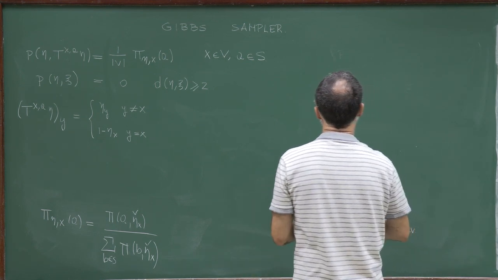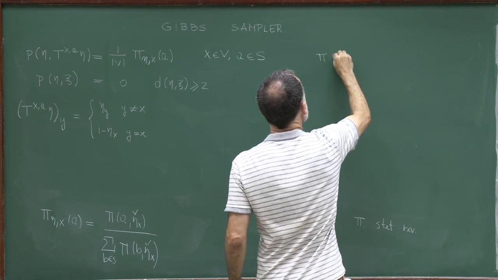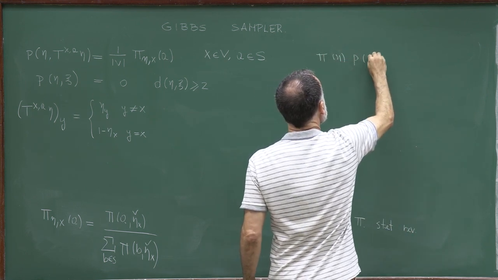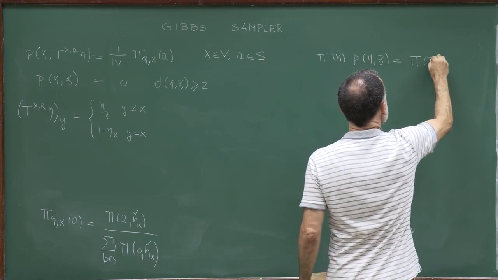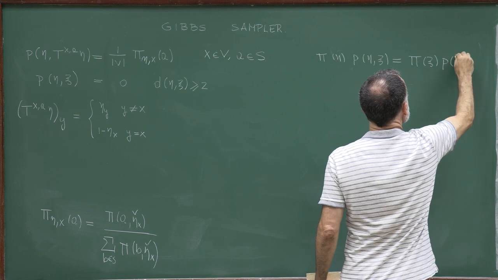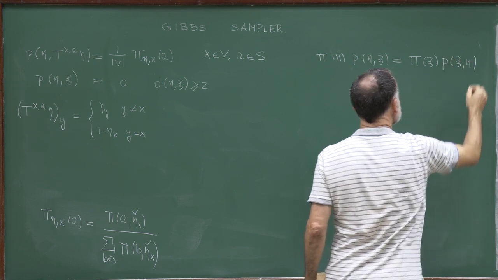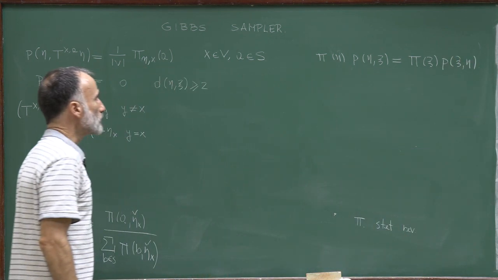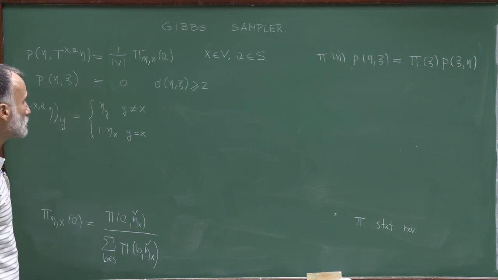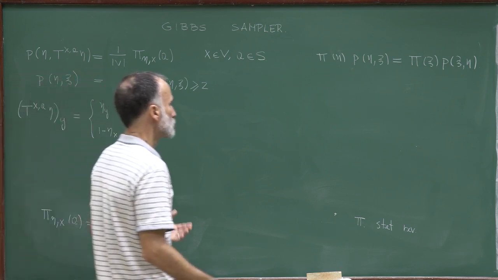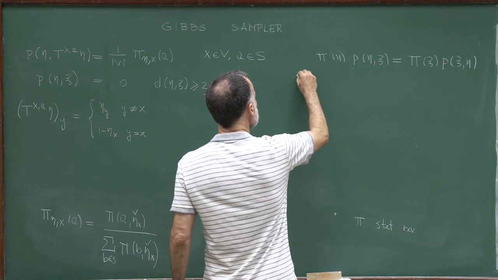So we have to show that pi of eta, p of eta xi, is equal to pi of xi, p of xi eta, for all eta and xi in omega. That's fine. Now, let's prove that.